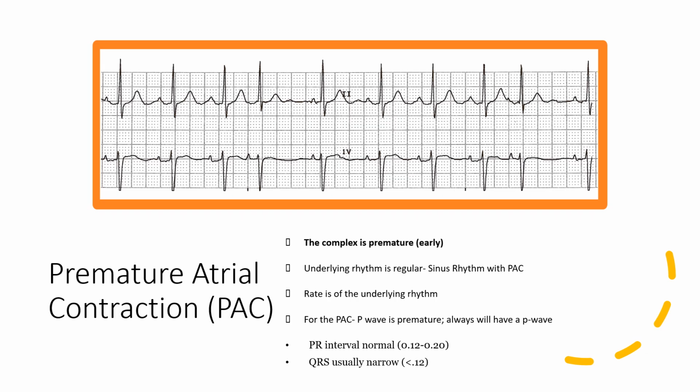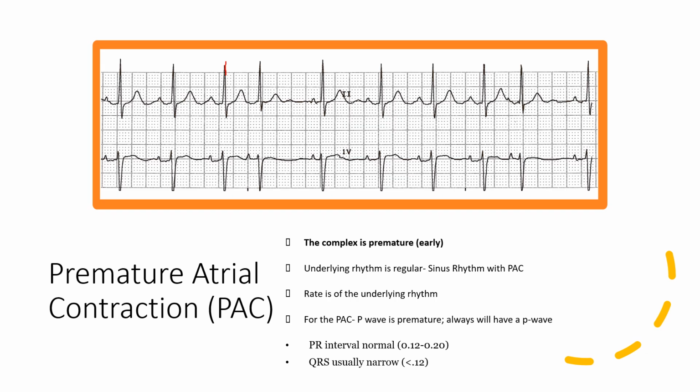The rate of the rhythm is how we're going to count the R's. Now, in a premature atrial contraction, I do want you to count that complex in your heart rate number. But we're going to count it as if it occurred in the regular place within this strip. So let me show you an example.